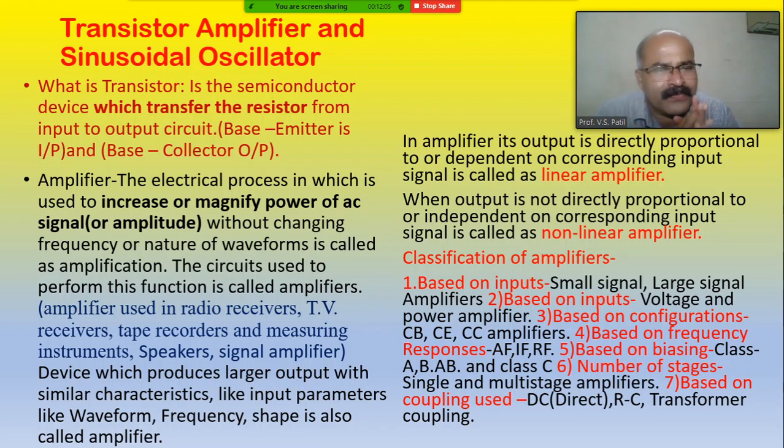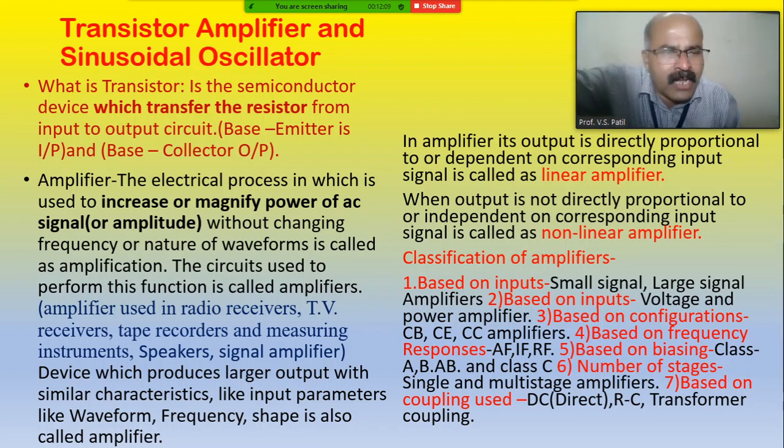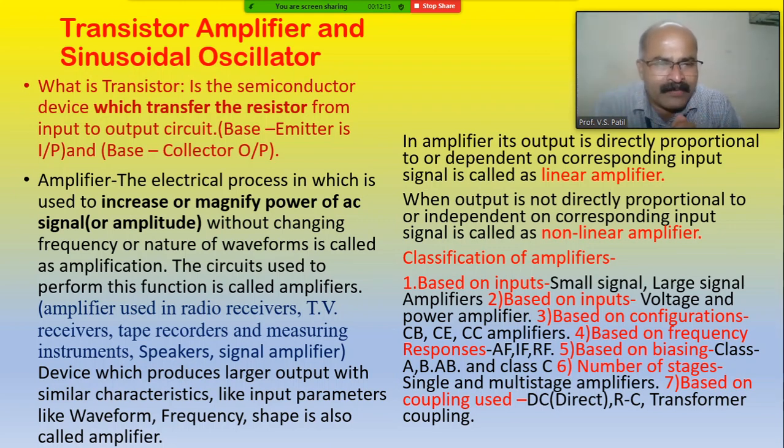We know that there are different components. We know that the invention of the semiconductor was made by William Shockley, H. Walter, and John Bardeen. These are the three friends.